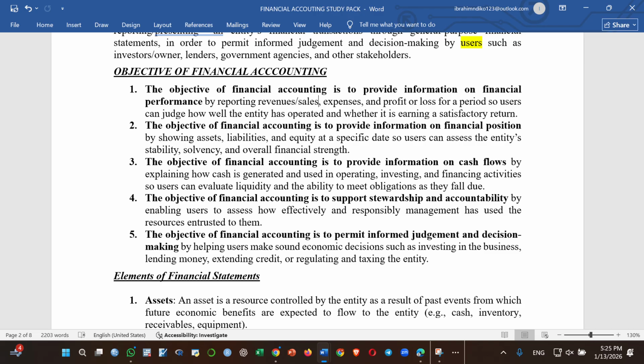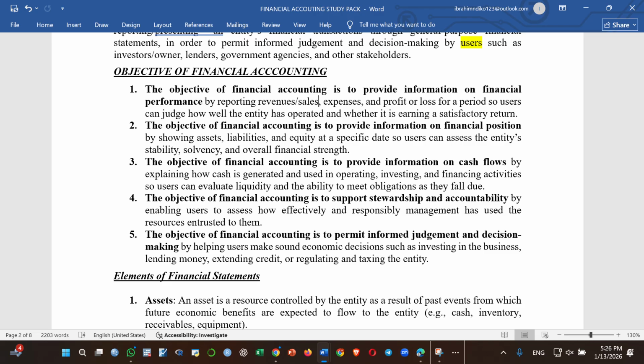If our assets are dormant, or they are not in use, or we have assets but the assets cannot generate any form of income, then we can say that it indicates what we call a poor financial position.